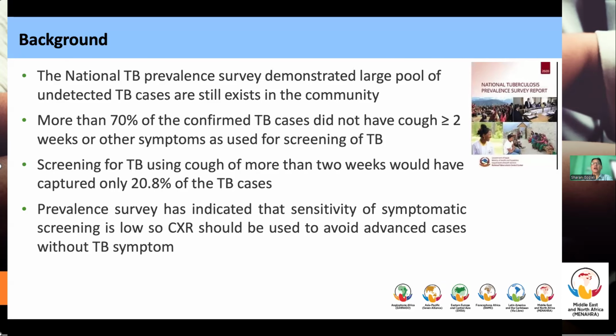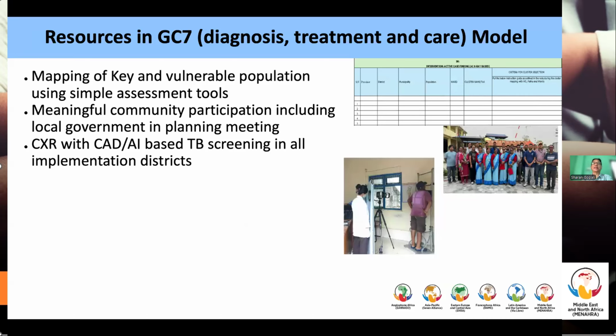Based on this, during Grant Cycle 7, in this diagnosis, treatment, and care model, we received some grant for Nepal, basically for active case finding targeting the key and vulnerable population, where mapping of key and vulnerable populations using a simple assessment tool was designed locally, because as per the prevalence survey in the 99 clusters, 20% of the clusters contributed the majority of the cases found.